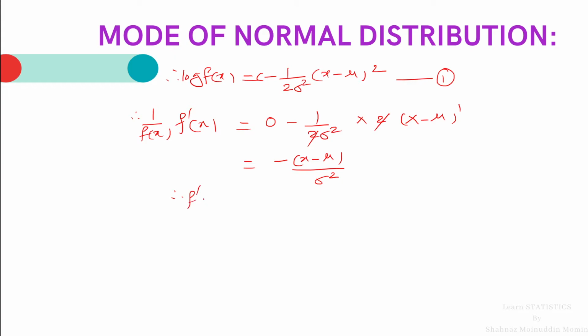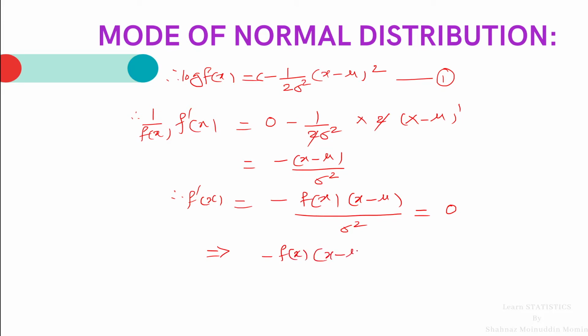Therefore, f dash x is equal to minus f of x into (x minus mu) divided by sigma square. We will equate this f dash x to 0. This will imply minus f of x into (x minus mu) divided by sigma square is equal to 0. Since this f of x is a PDF of random variable x which lies between 0 and 1, the term (x minus mu) upon sigma square must be 0.